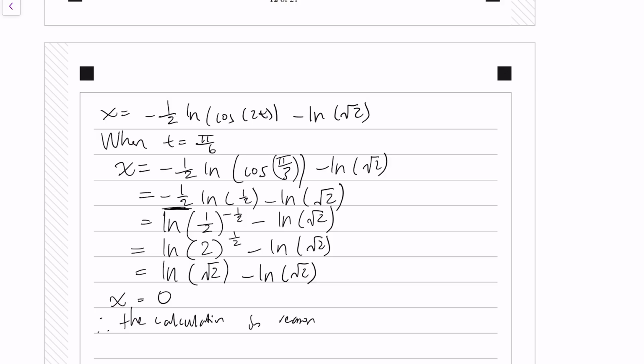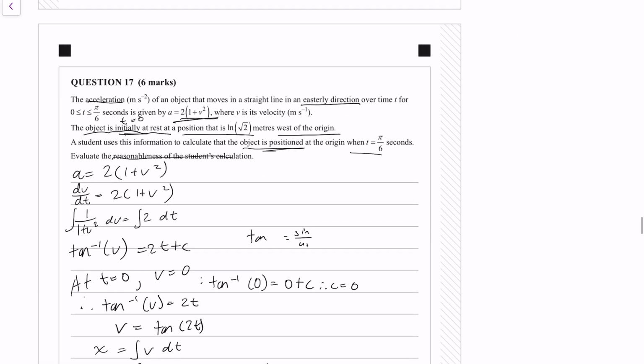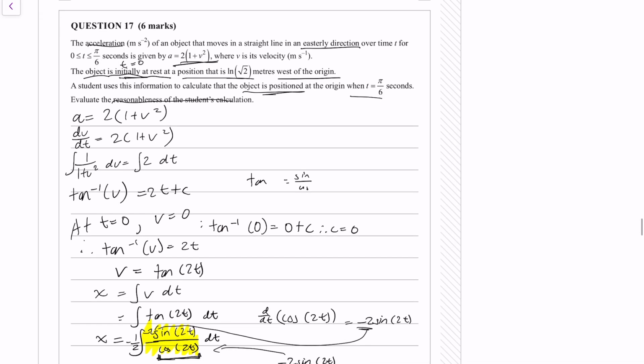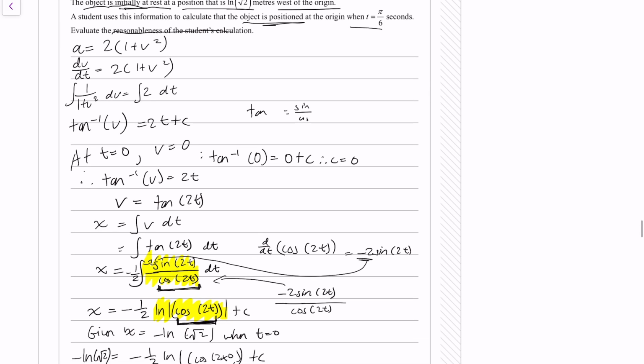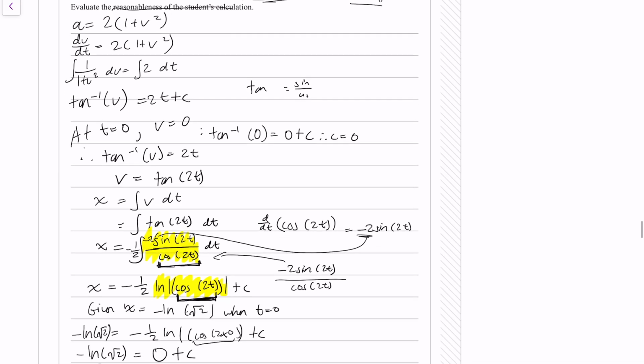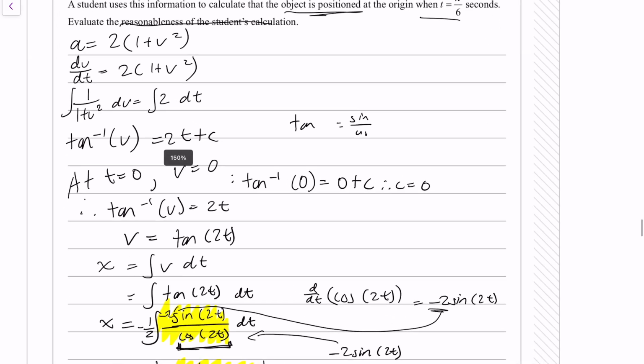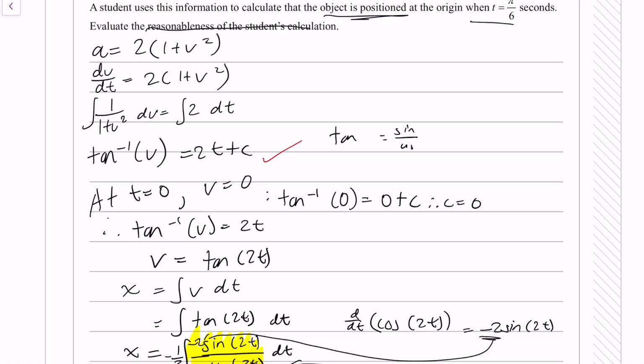So just summarizing and finishing up on this question, it's 6 marks again. The first mark is correctly determining a general solution to the differential equation in terms of v and time, which is this one right here. And then now we have to find our c value.